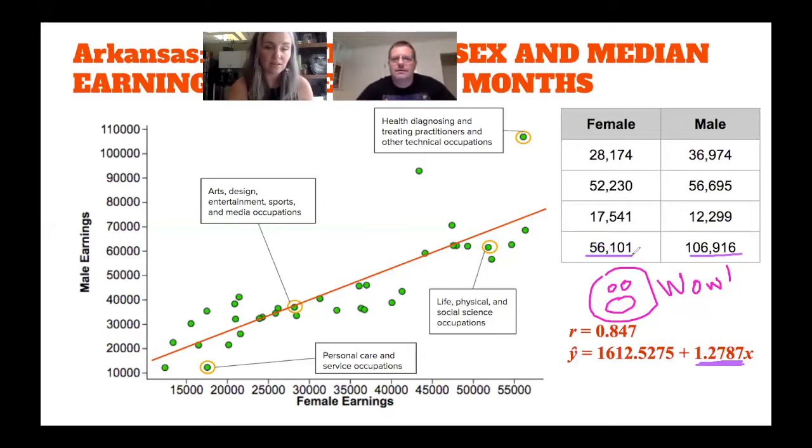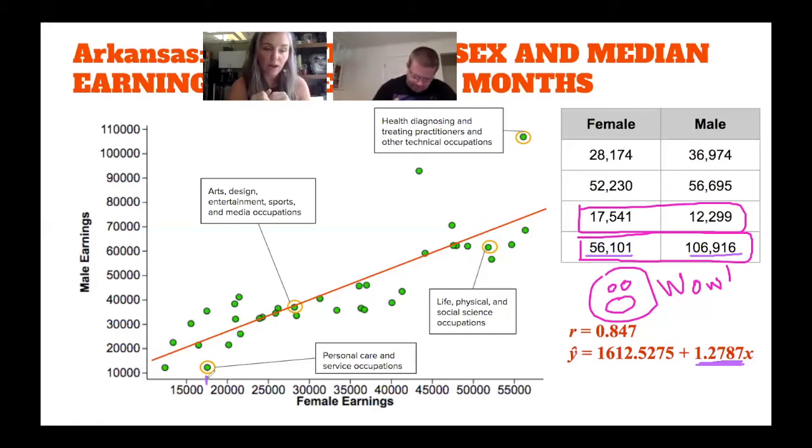So when we begin looking at residuals, what we're doing is we're saying, okay, right here at 17,541, our actual data point is that you can see it there on the right, 17.5 and 12.3.